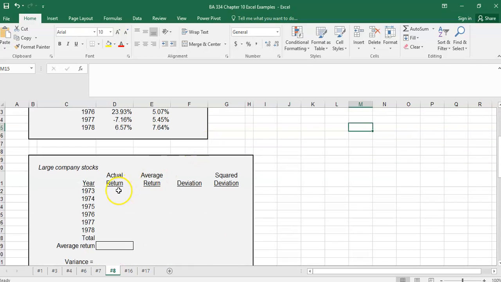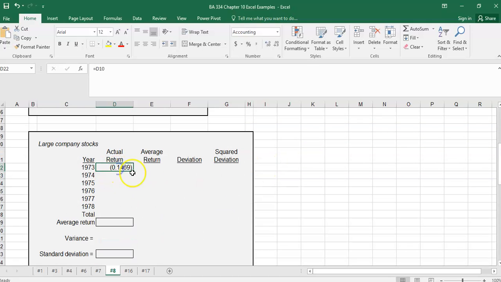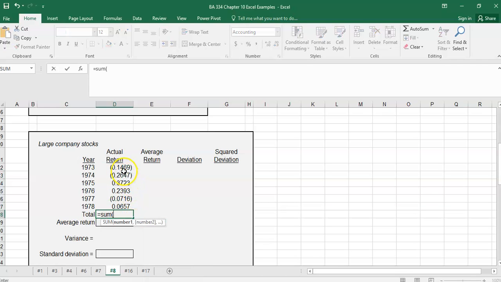So the actual return of large company stocks, total. And since we're looking at 7 years, we're going to take our total divided by 7 to get our average.